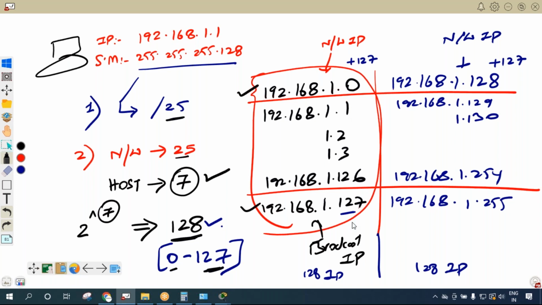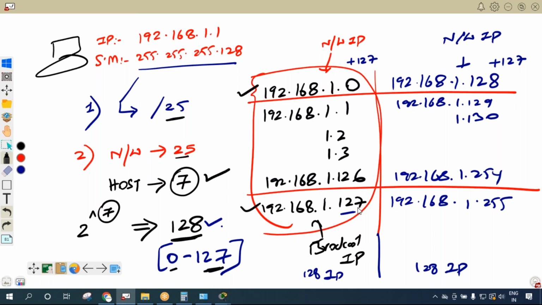If the subnet mask is 255.255.255.128, then what is the subnet? /25. Getting the point, my dear friends? Meaning you have to calculate this, and then quickly you will come to 128 and 0 to 127.